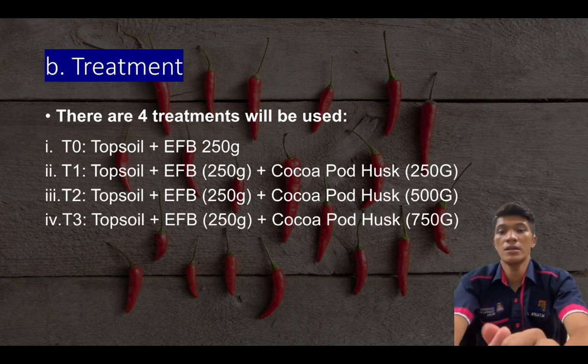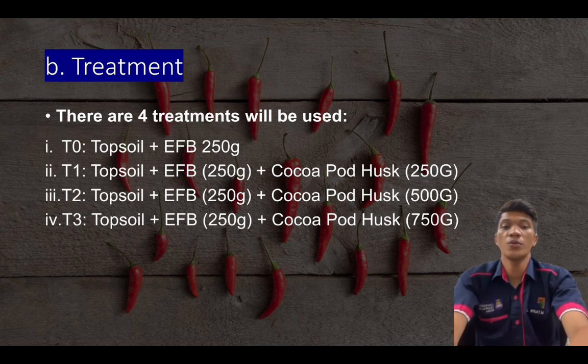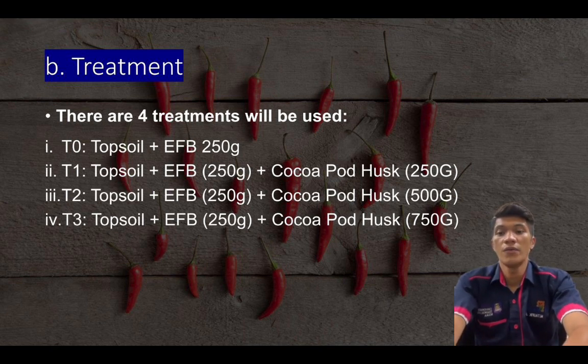Firstly is T0, which has topsoil and EFB at 250 gram. Secondly, T1 is topsoil plus EFB 250 gram plus cocoa pod husk 250 gram. Thirdly is T2, topsoil plus EFB, the same 250 gram as the other treatments, plus cocoa pod husk 500 gram.